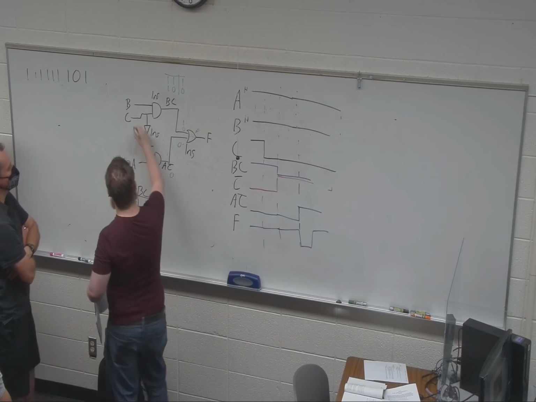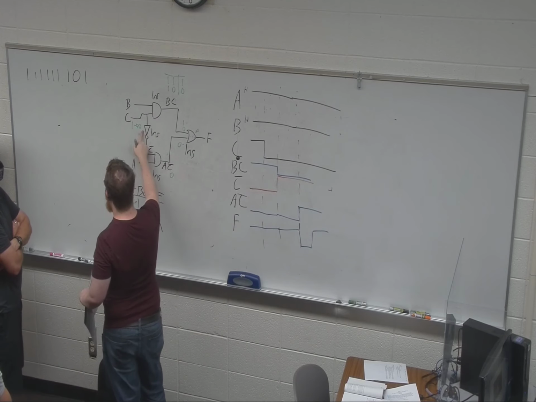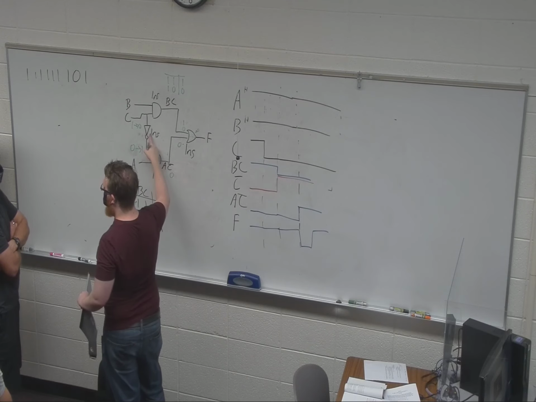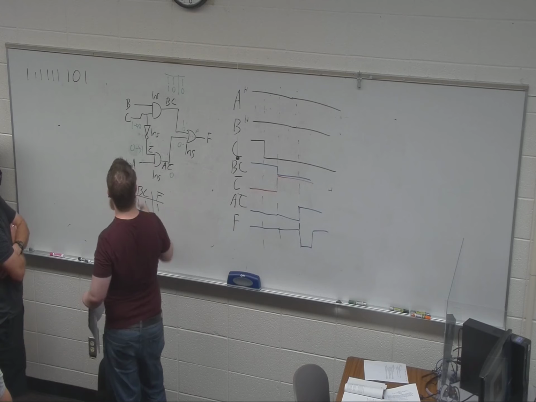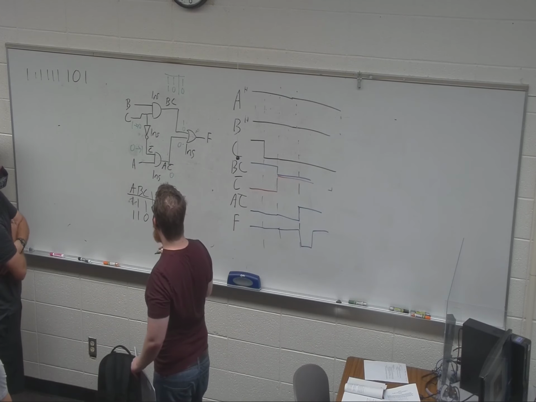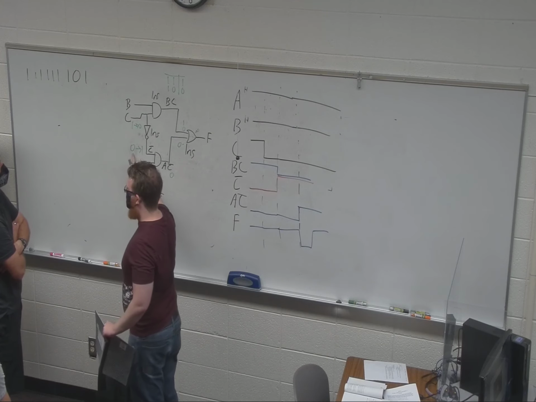Okay. This goes 1 to 0, right? Yeah. Output is transitioning 0 to 1 because this inverts. That far at least makes sense? So when C is high, C bar is low.